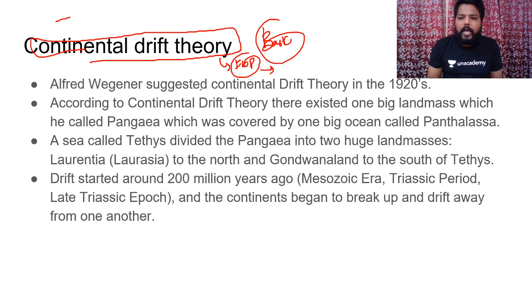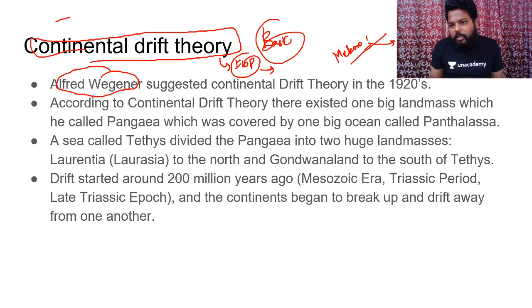Clear? So the continental drift theory was proposed in the 1920s by Alfred Wegener. Alfred Wegener was not a geomorphologist; he was a meteorologist. Who is a meteorologist? A meteorologist is a person who deals with climatology.